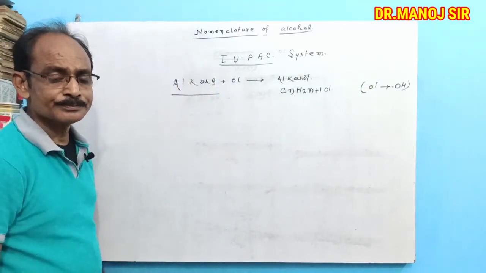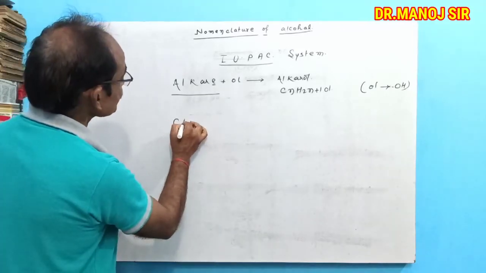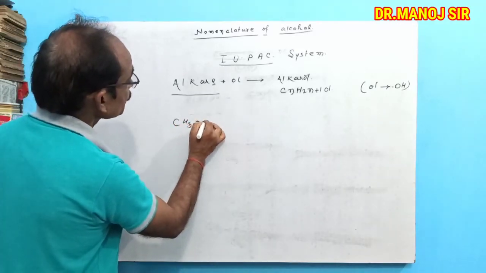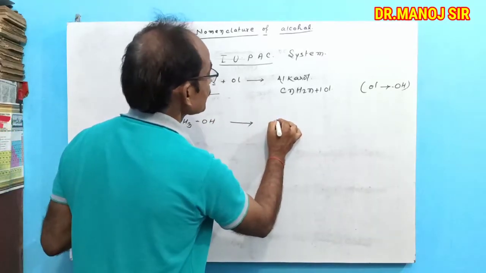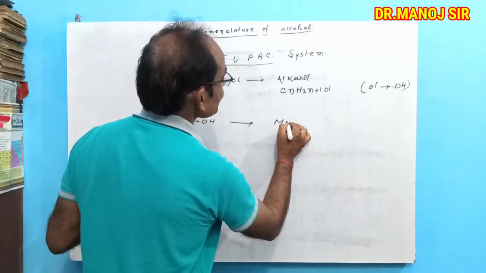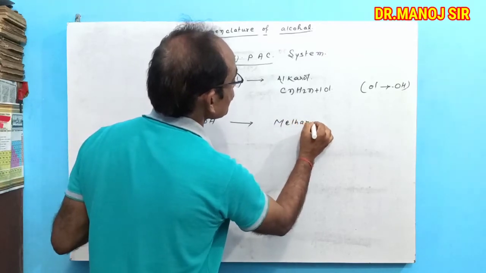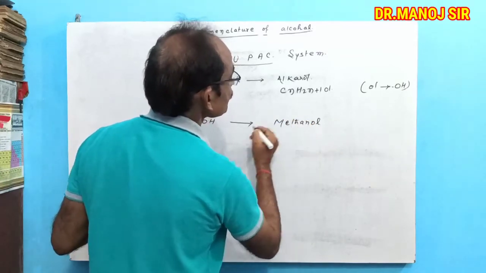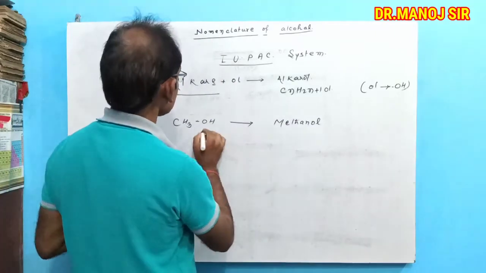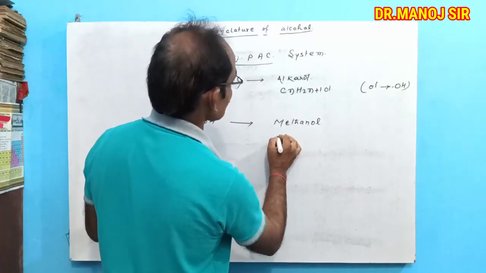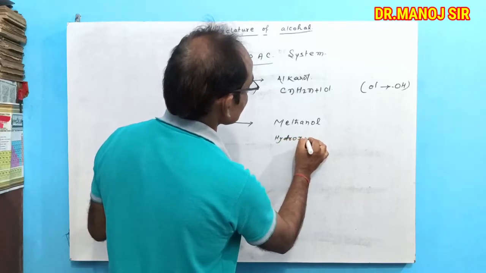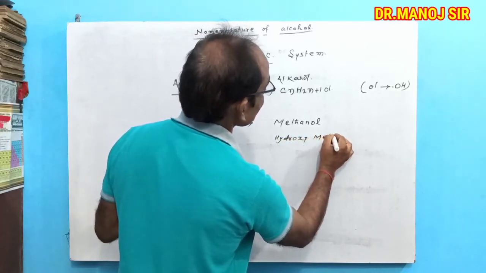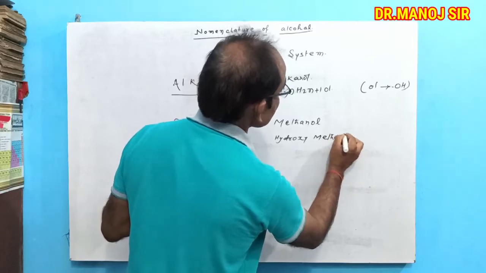Therefore, CH3OH is known as methanol, that is also known as hydroxy methane.